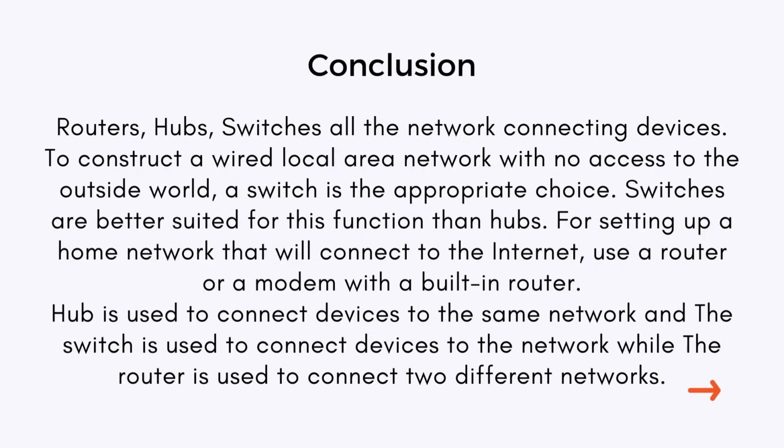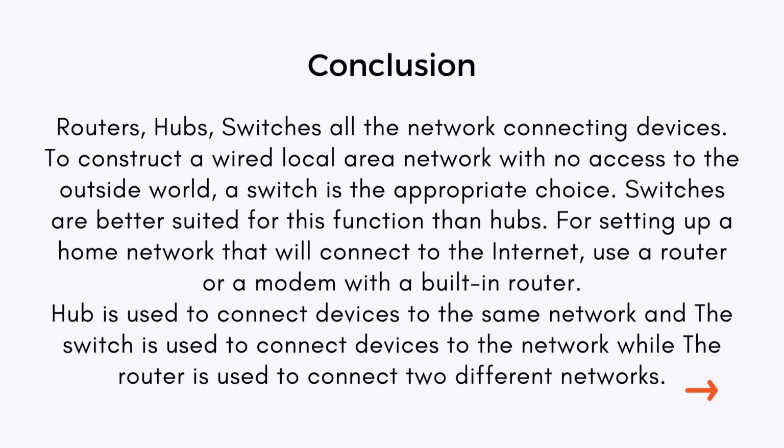Conclusion. Routers, hubs, switches are all network connecting devices. To construct a wired local area network with no access to the outside world, a switch is the appropriate choice. Switches are better suited for this function than hubs.